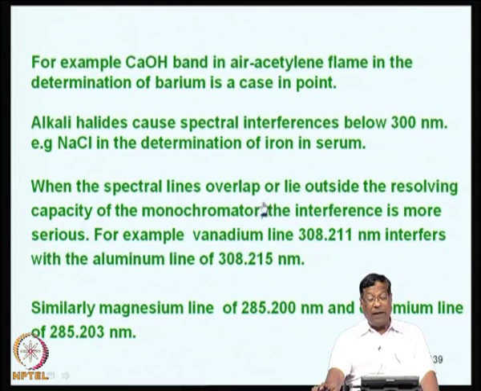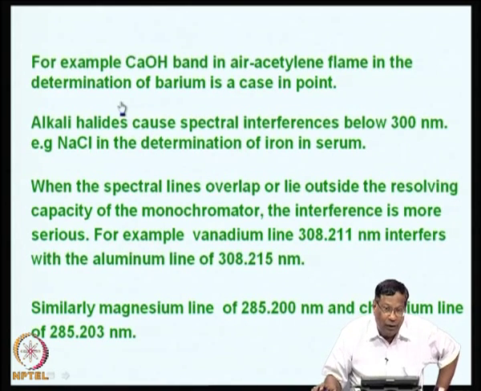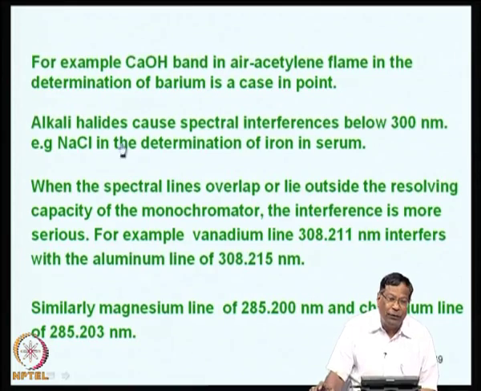When the spectral lines overlap or lie outside the resolving power of the monochromator, the interference is more serious, because it cannot differentiate. Usually the absorbance line width we need is plus or minus 0.005 nanometers. Now, look at this example of the vanadium line, 308.211 nanometers.